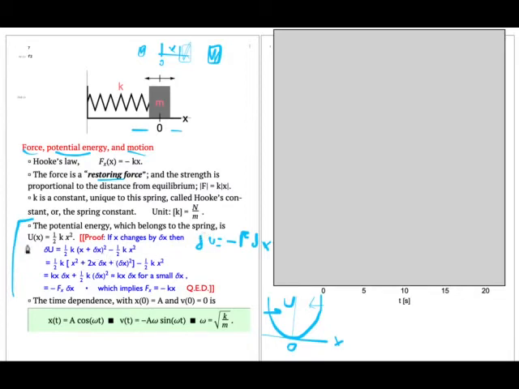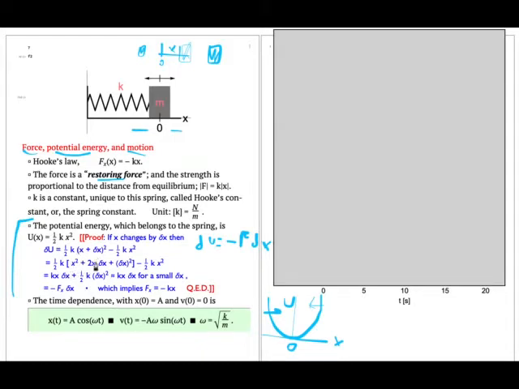I have delta U. It's 1/2 k (x plus delta x) squared minus 1/2 kx squared. Now I can expand out this square. It'll be x squared plus 2x delta x plus delta x squared. Think back to high school algebra.